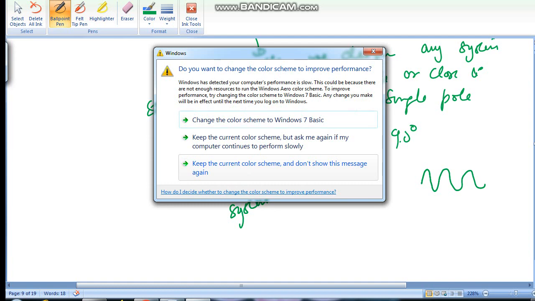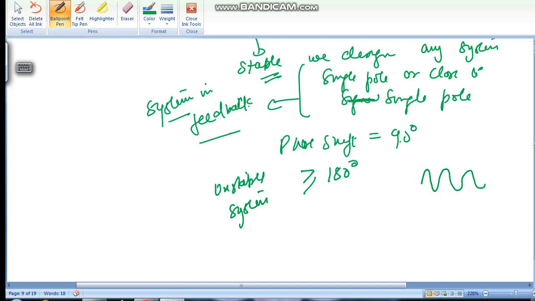And if we are having more phase shift, and the phase margin is say 60 degrees or 50 degrees, then the system is a bit faster as compared to a phase margin of 90 degrees. So there is a concept of phase margin as well.